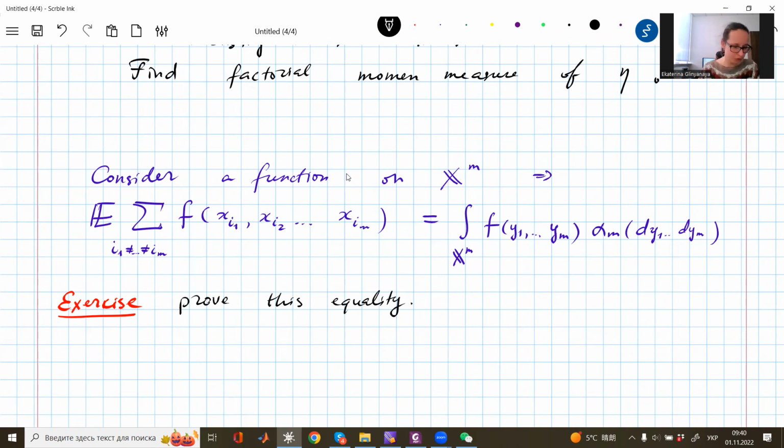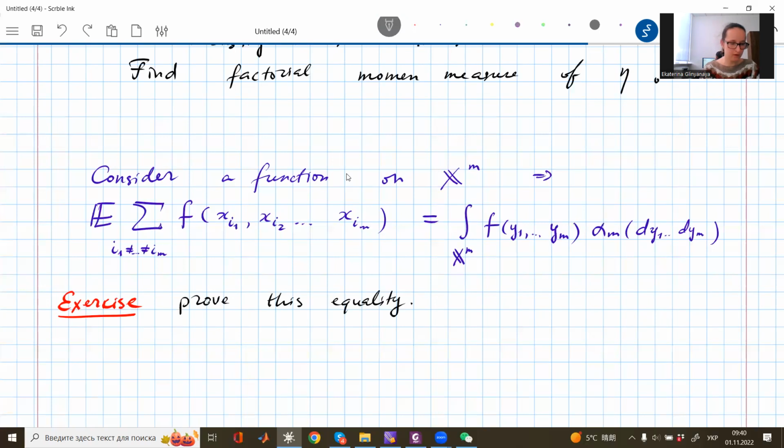And now I want to go further and present you the assumptions under which we will have uniqueness of the distribution of a point process if we know all its factorial moments.